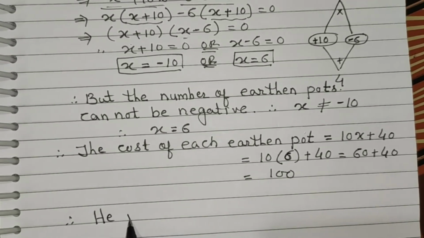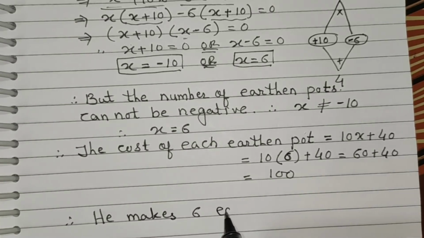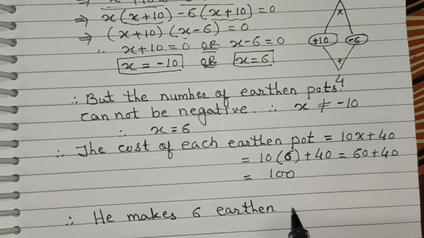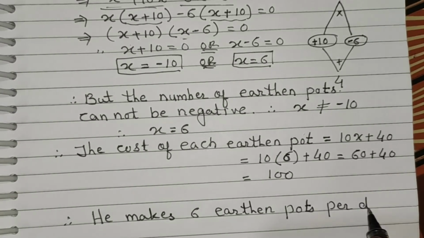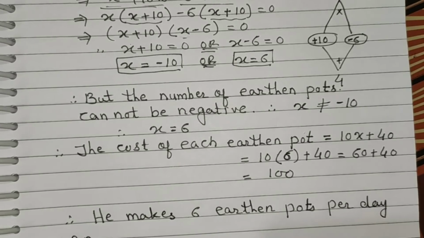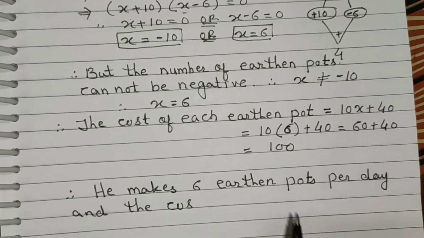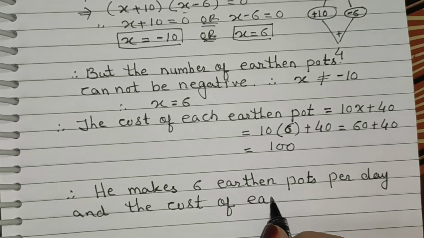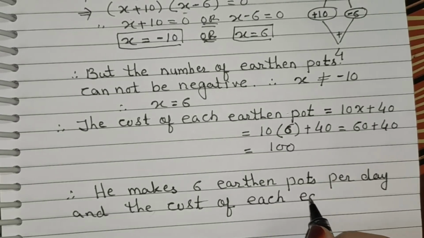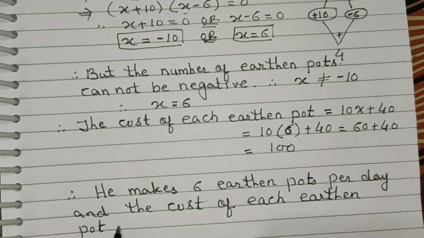He makes 6 earthen pots per day and the cost of each earthen pot is rupees 100.